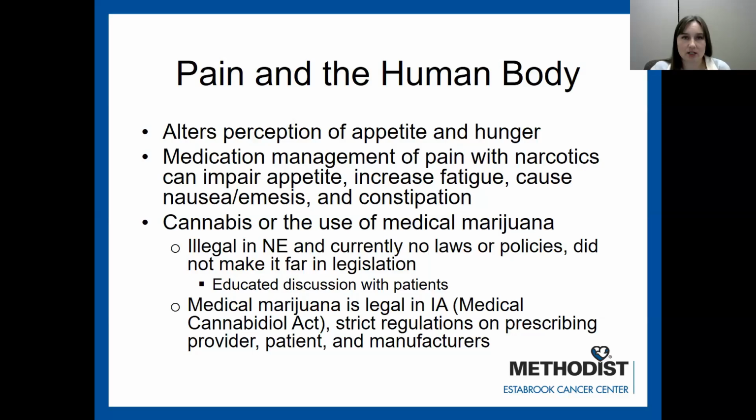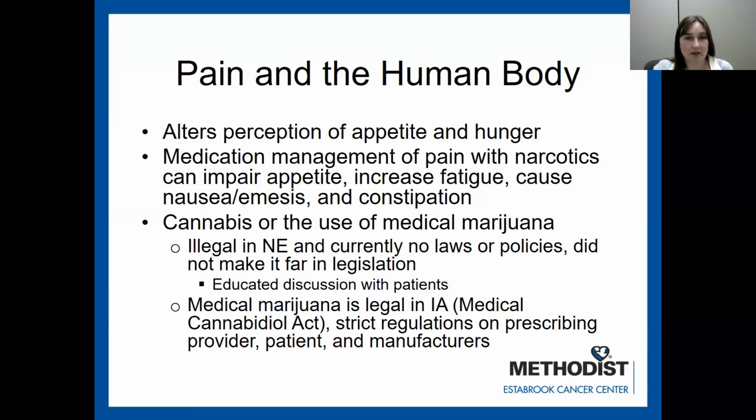So some patients may report relief with this type of intervention and others don't. What I tell patients when this comes up is one, to talk to their medical oncologist or their palliative care provider, any physician that is prescribing chemotherapy or a narcotic type medication.